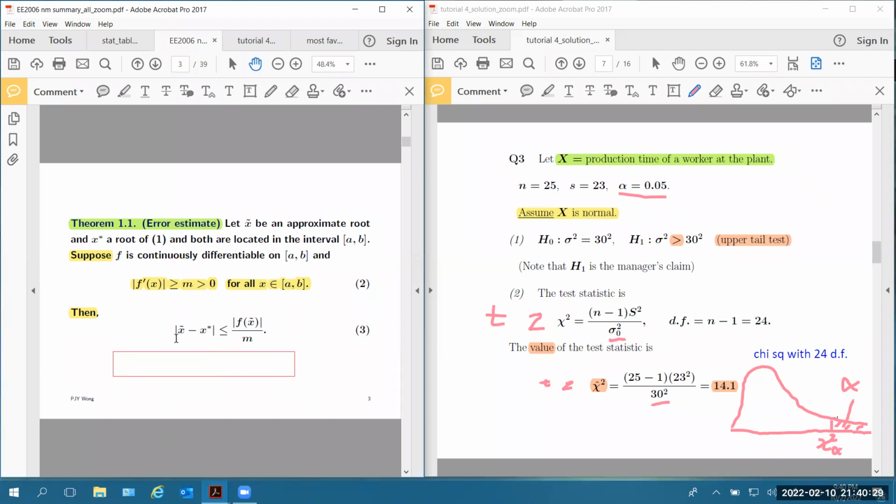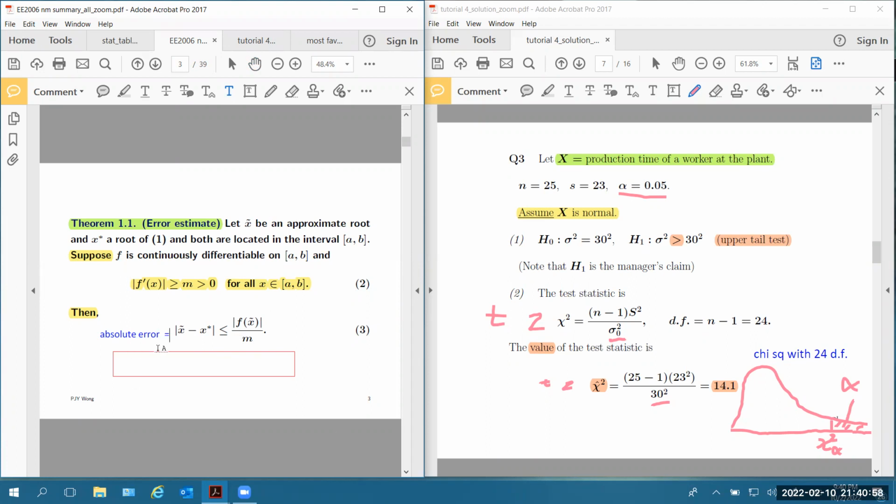The conclusion is this. Your approximate root x tilde minus x star, the exact root, in absolute value, so this is the absolute error, is less than or equal to the absolute value of f of x tilde divided by m. You put your approximate root inside, take the absolute value and divide by m.